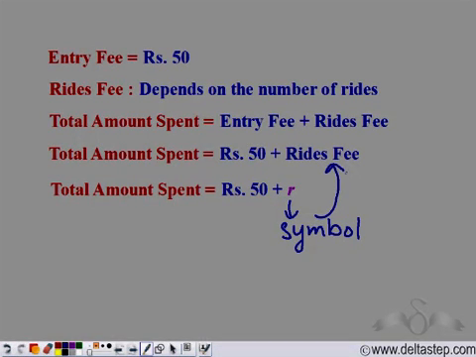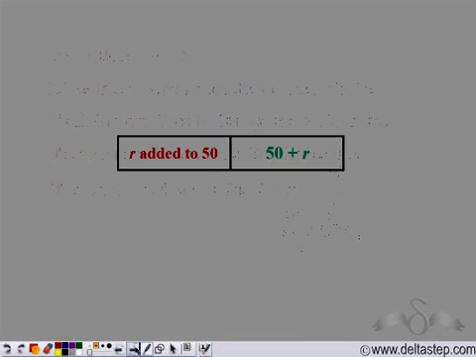So, here we have added a constant and a variable. So, we can add a constant to a variable. Here it is R added to 50, a variable added to a constant. We can write it as 50 plus R or R plus 50. We can write it in both of these ways.